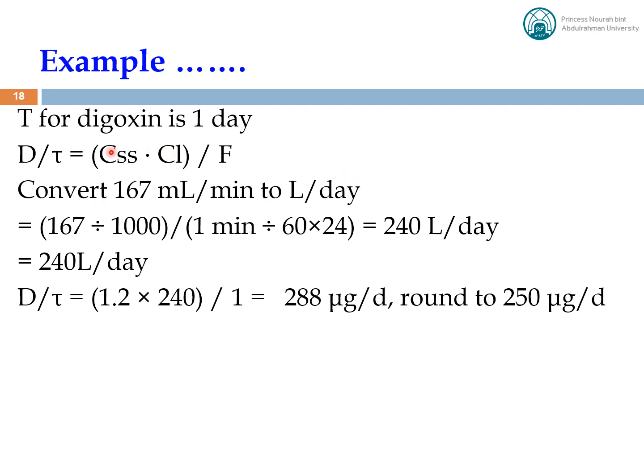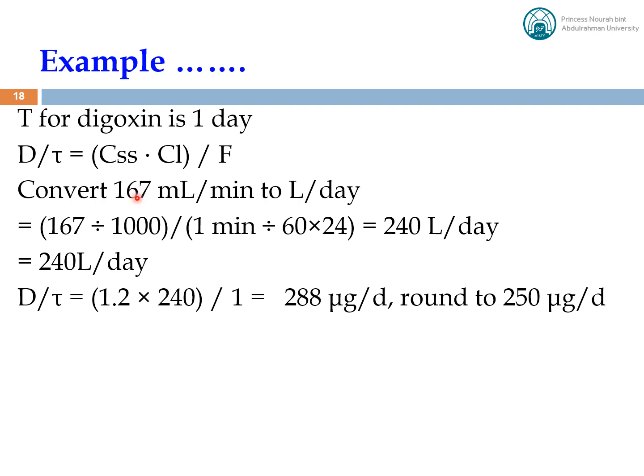Because the steady state concentration value is 1.2 micrograms per liter, we should convert the 167 milliliters per minute into liters per day.